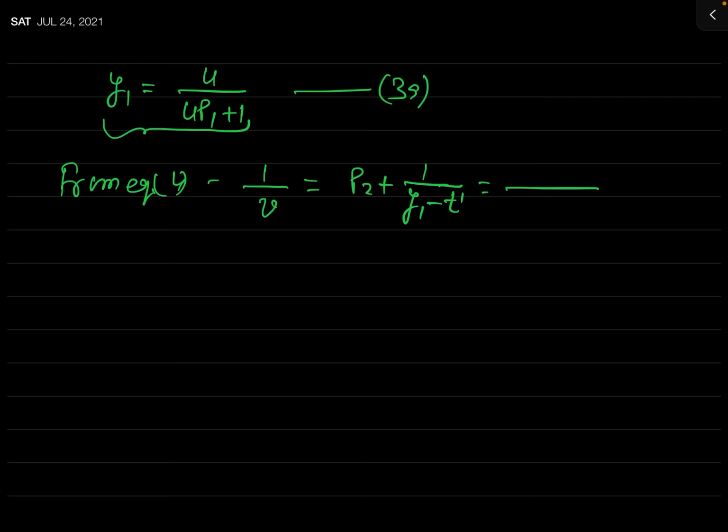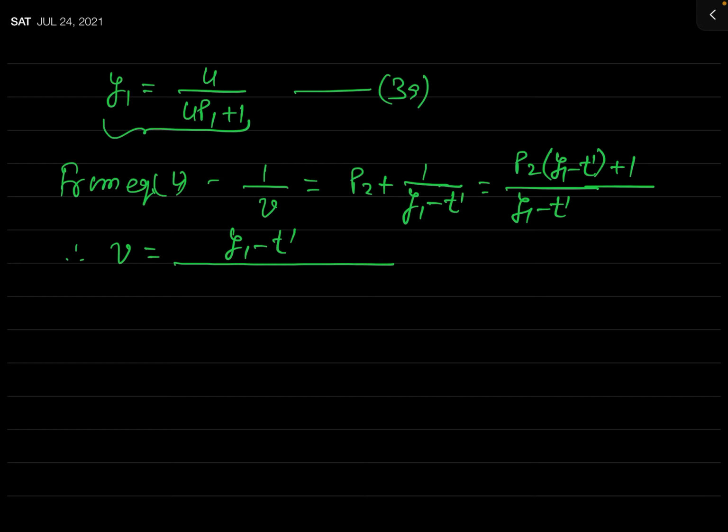Let us take the LCM. This will be p2 times y1 minus t prime plus 1 over y1 minus t prime. And so you can see the value of v will be y1 minus t prime over p2 times y1 minus t prime plus 1.